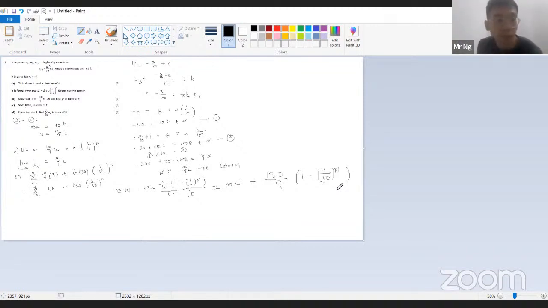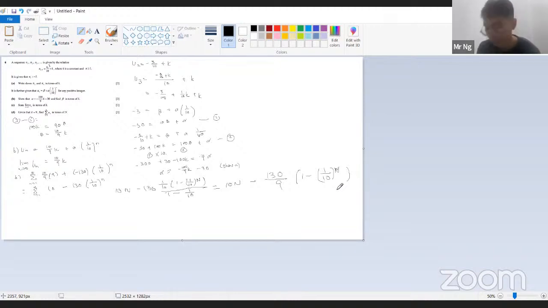So I do some checks. Maybe I will sum the first three terms. So minus 3 plus minus 3 divided by 10 plus 9. Then after that minus 3 divided by 100 plus 1 divided by 10 times 9 plus 9.